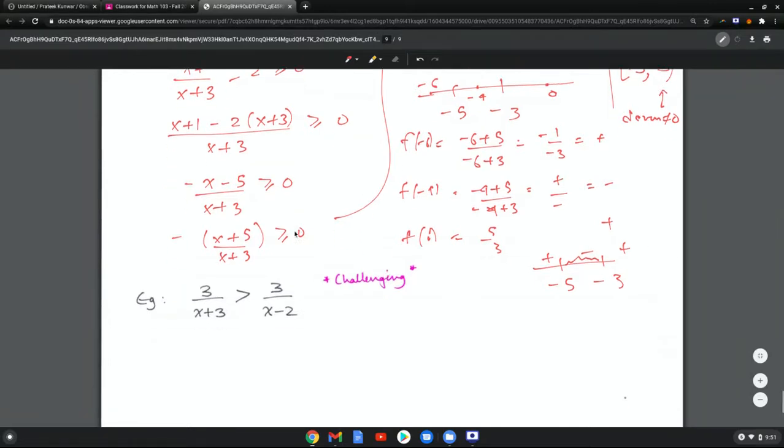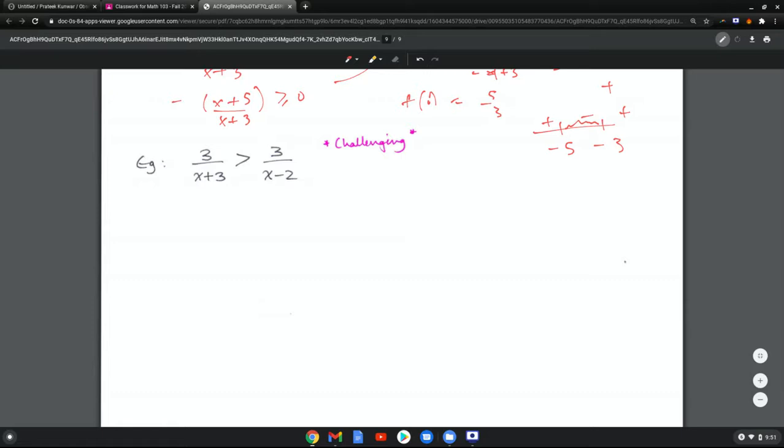Now the last example here is when you have two rational functions and you're trying to find when one is greater than the other. Basically what you have to do is bring everything to one side, which means this is going to require you to solve or simplify these rational functions which we have learned before.